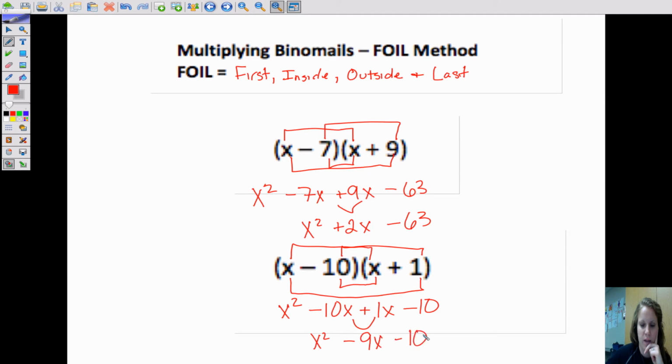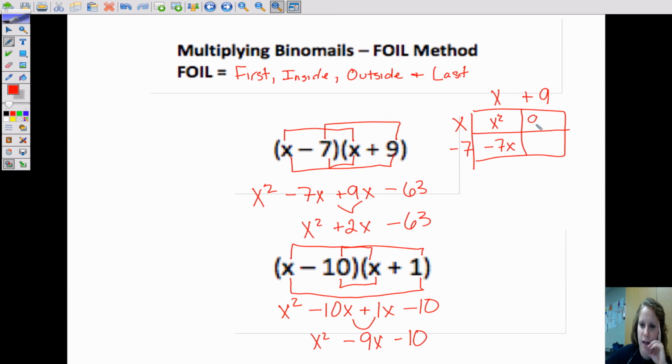Now, here's where the boxes can come into play again. If I have now a binomial, so I have x minus 7 and x plus 9, now I'm going to have 4 little boxes. Here I had x squared, here I had negative 7x, here I had 9x, and here I had negative 63. And then we combined these 2 boxes to simplify.